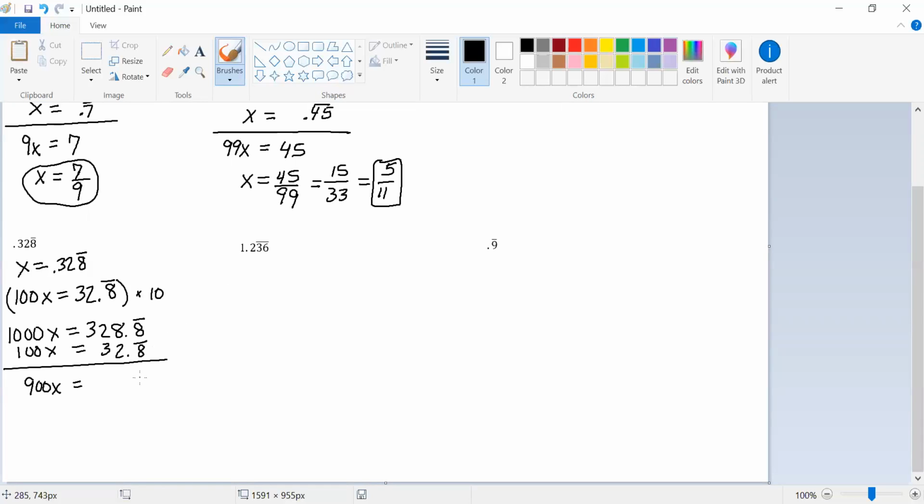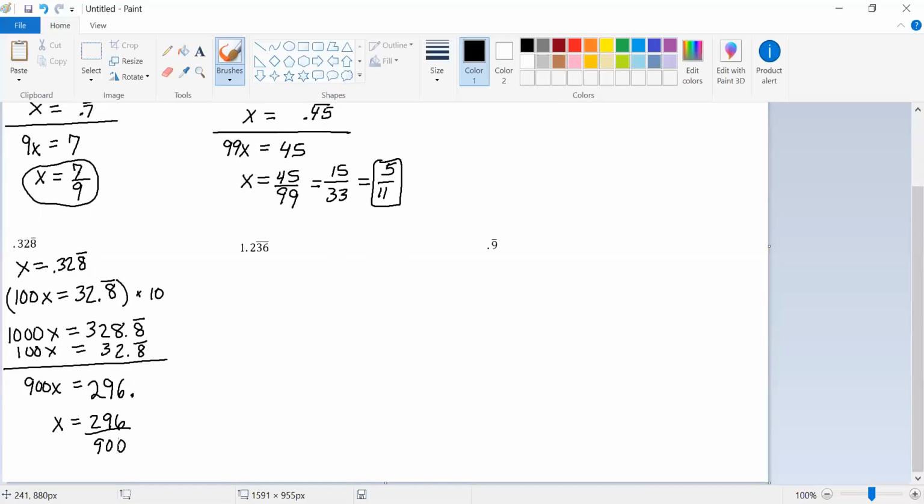So 8 minus 2 is 6. Borrow 1, 12 minus 3 is 9. And then bring down the 2. And divide both sides. So 296 divided by 900.